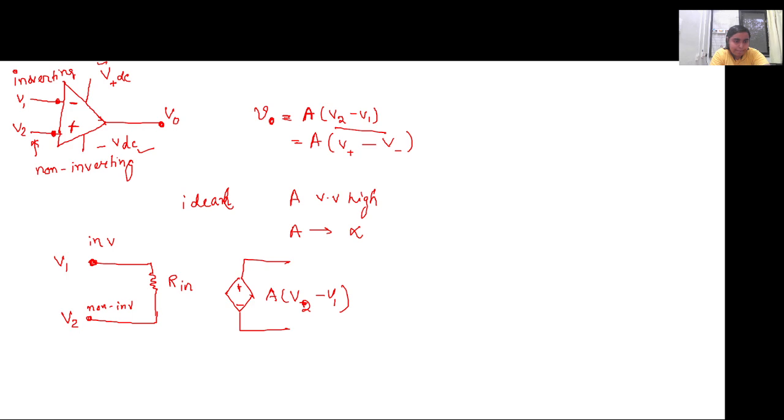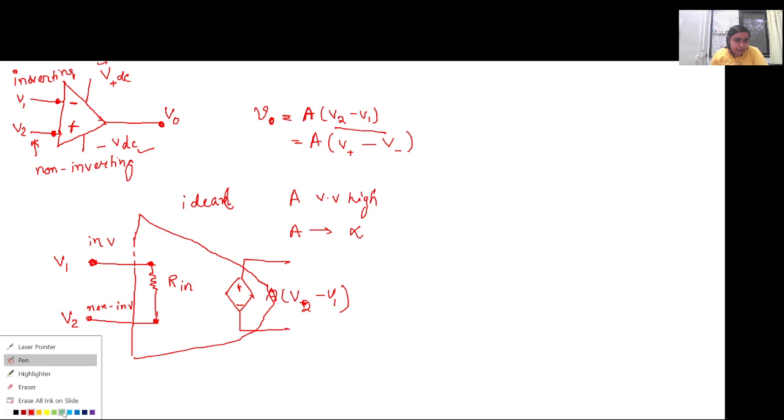If you imagine, the actual op-amp circuit is kind of like this. Sorry for the diagram, it is somewhat like this, in which there is a resistance Rin at the input, but this resistance is considered to be very high. That is, Rin also tends to infinity.